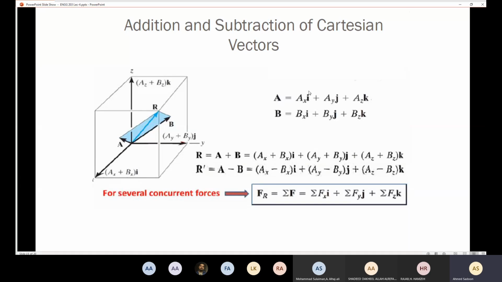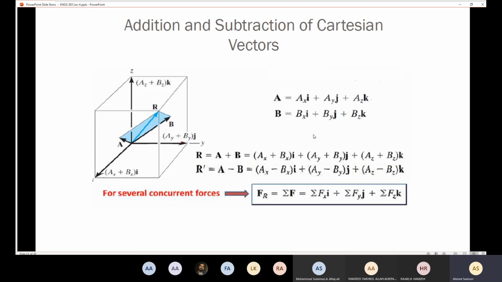I have Ax i and I have Bx i. I'm going to take i here as a common factor. So for the new vector, I'm going to have (Ax plus Bx) i. So the component in i for the new vector is going to be Ax plus Bx. And regarding j, I'm going to sum Ay plus By.